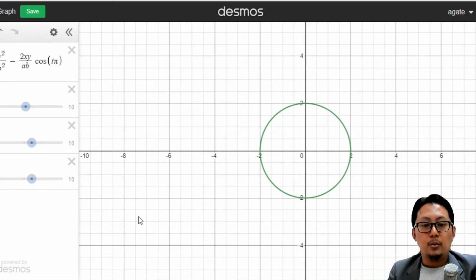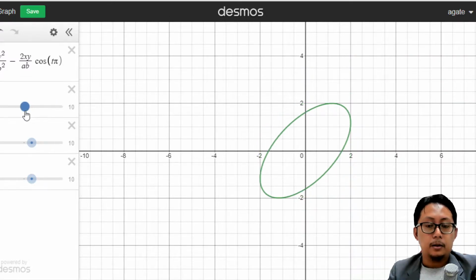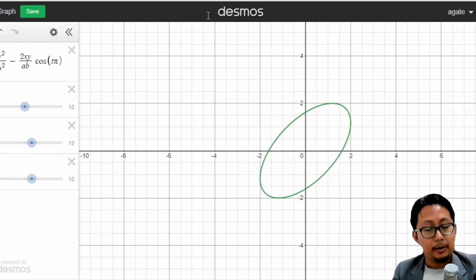And we try to find pi over 4. It is difficult to show from the calculation, so maybe you can check from this graph. For pi over 4, the ellipse will be on the right side. So when we change the value in this calculation, for example 3 pi over 2 or pi, we know that sin pi is equal to 0 and cos pi is equal to negative 1, and the graph will be a little bit the same, but we get x over a1 plus y over a2.